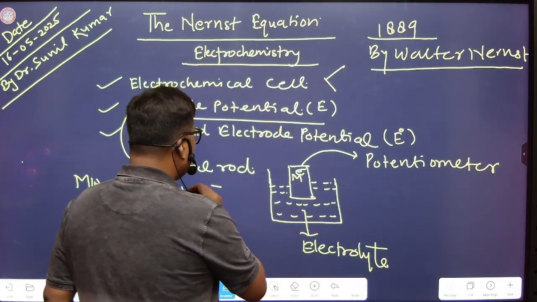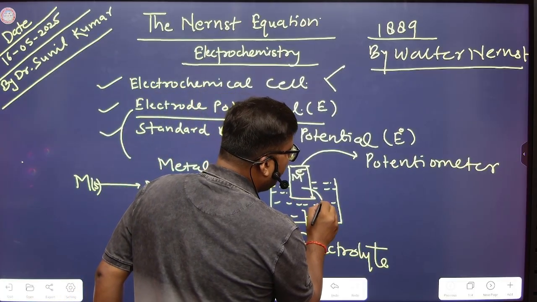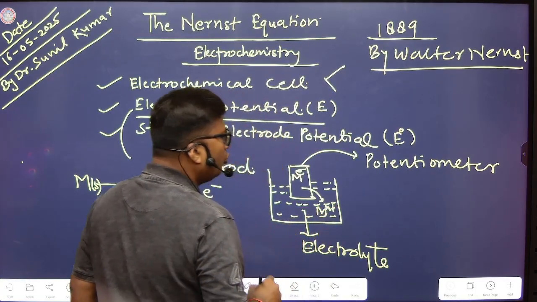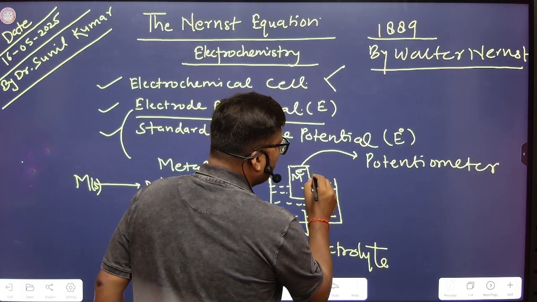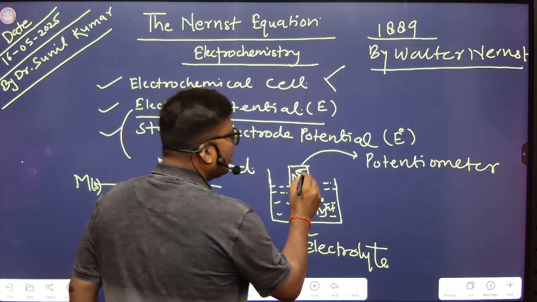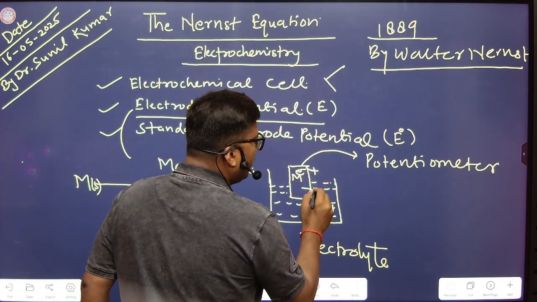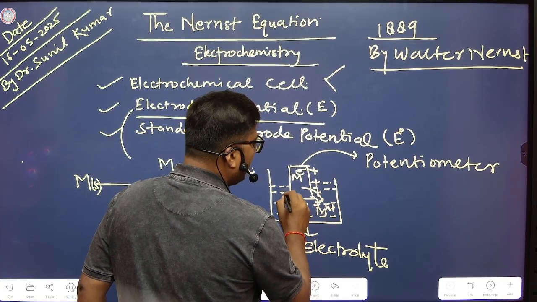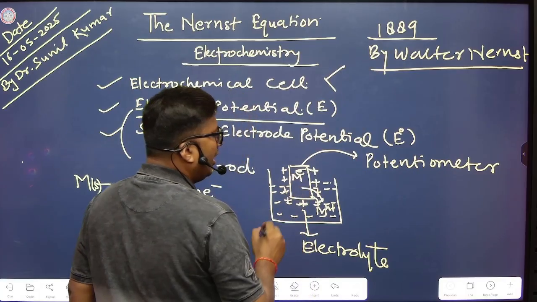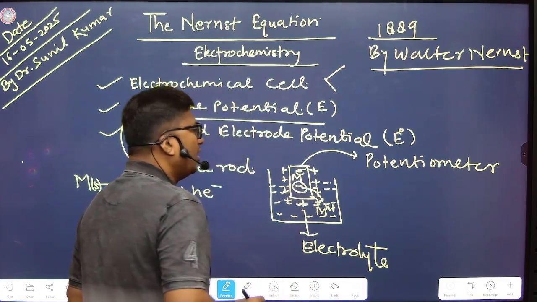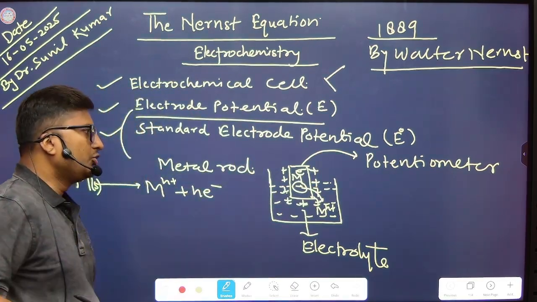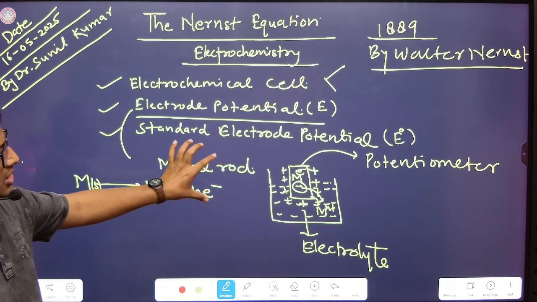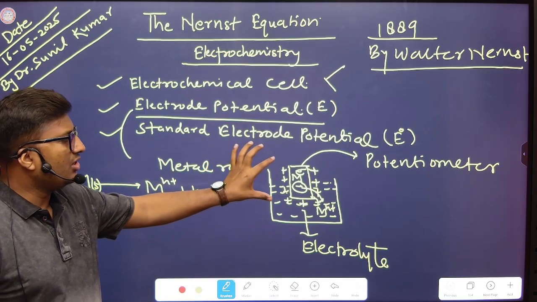And once this metal is oxidized, the metal atom goes into the solution as M n plus. So the solution gets positively charged, right. So there is a positive charge around this rod, and negative charge on the surface of this rod, because of the released electrons on the surface.